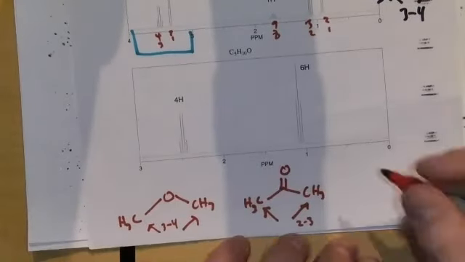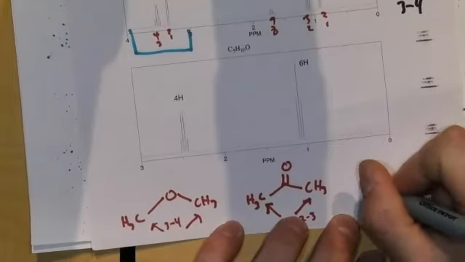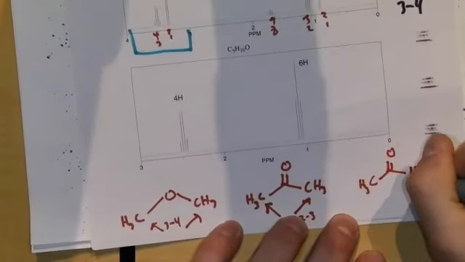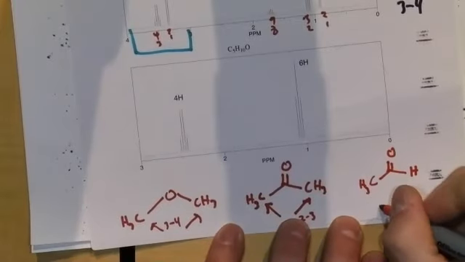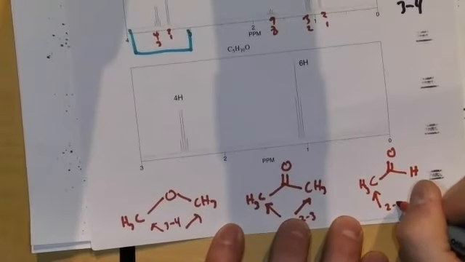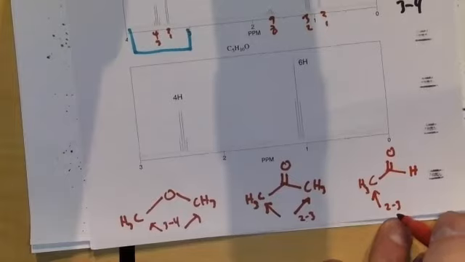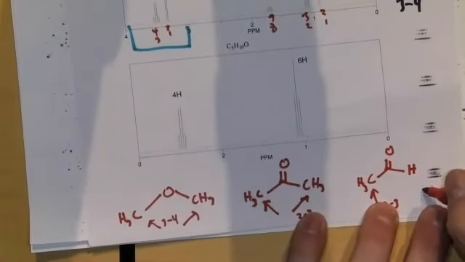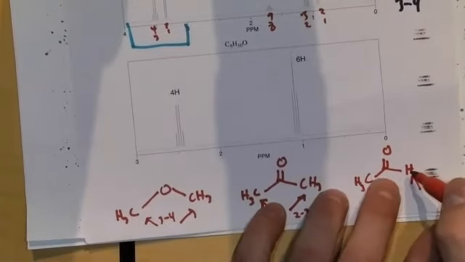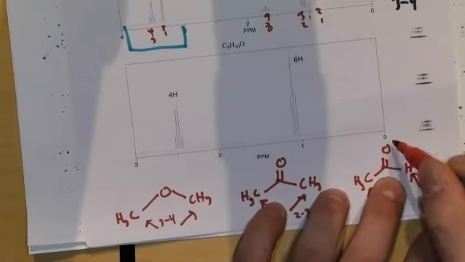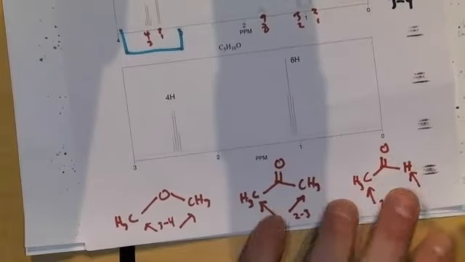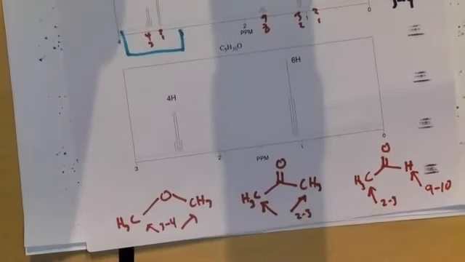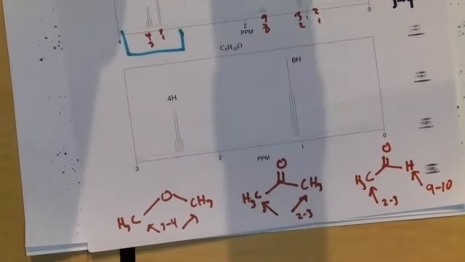And then for an aldehyde, you have 1 carbon that's in that 2 to 3 range. So this is basically exactly the same as this here. But this one is a hydrogen or a proton that is directly attached to this double bond here. So that gets really shifted. And this ends up in the 9 to 10 ppm range.